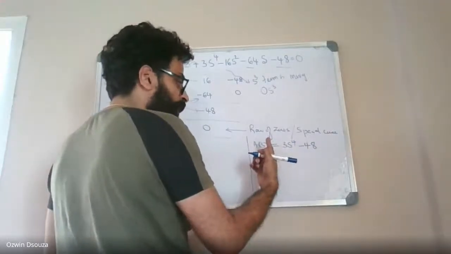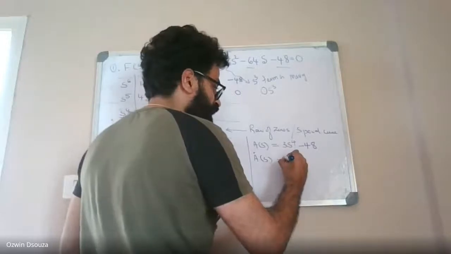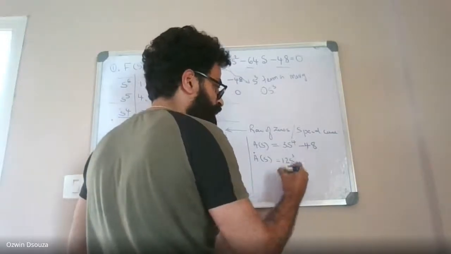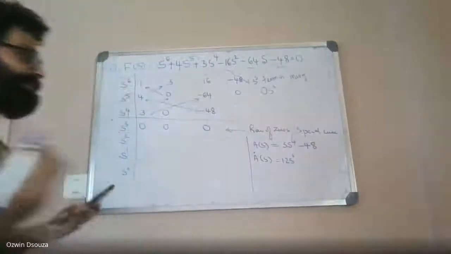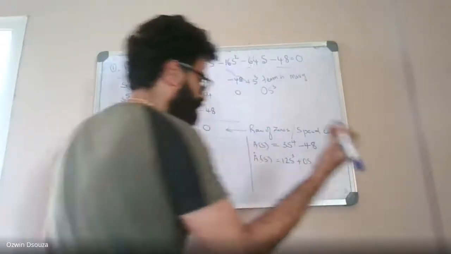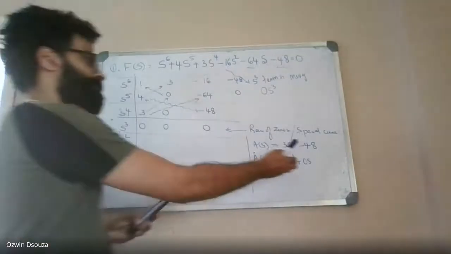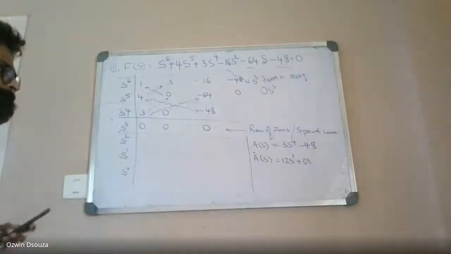So differentiate auxiliary equation with respect to S. So that gives 4 into 3, 12 S cube. That's all. 12 S cube plus 0 S, I can write just to maintain the dimension.